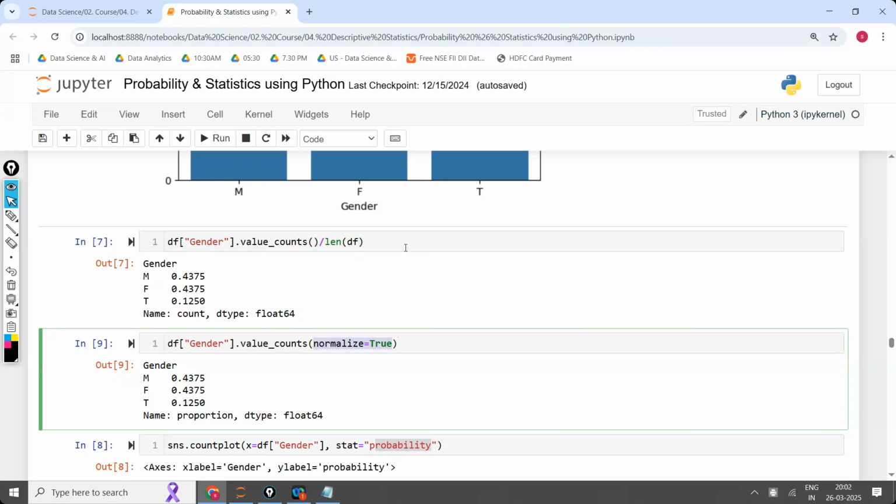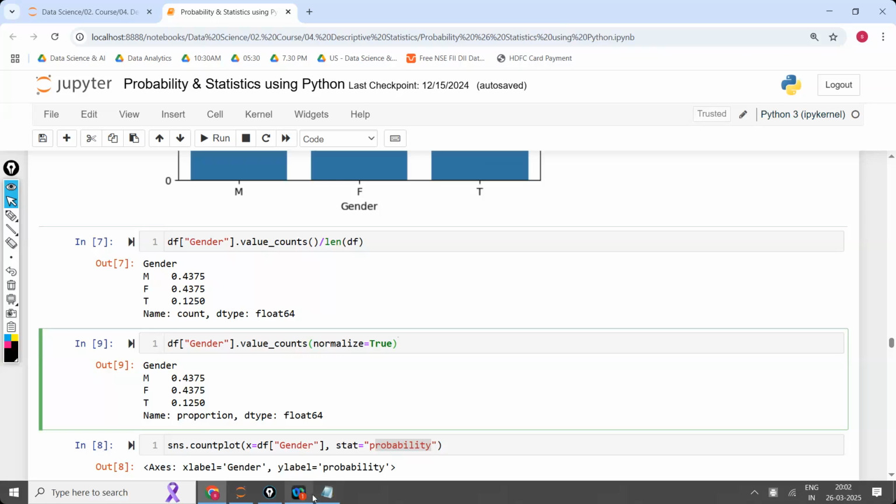If you write directly like this or if you write like this, answer is same. Point is clear? Everyone.